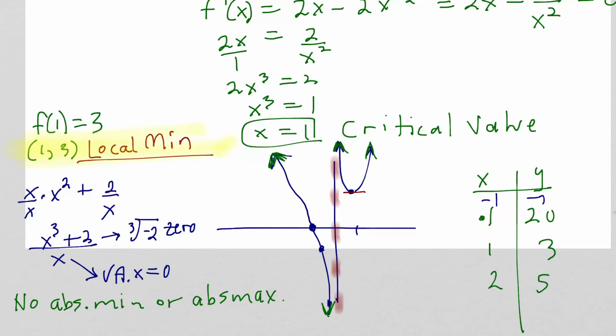You're not going to be able to reach one value that we can classify as the absolute minimum value or the absolute maximum value. Okay, so there's only one local minimum for this function.